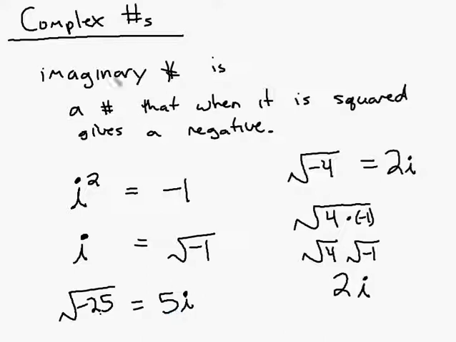So the imaginary number is a number defined that when we square it, we get a negative. Now, I can't think of a quote-unquote real number. Like, I can't take negative 1 and square it and get negative 1. I'd get a positive 1. So that's why we define it. We just use this letter to represent that number, whatever it is, that if I square it, I get a negative 1.